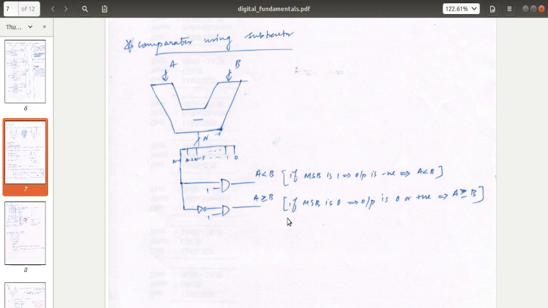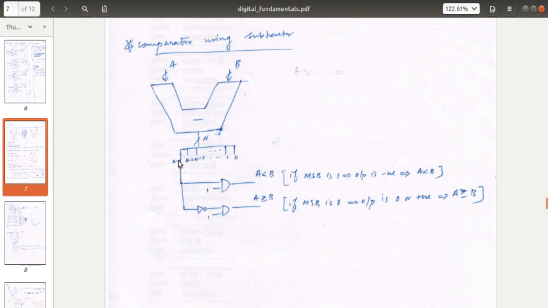So A minus B. For A minus B, if you remember 2's complement notation, the MSB will usually give the sign of the number, right? So this is the difference. Here we are getting the difference.